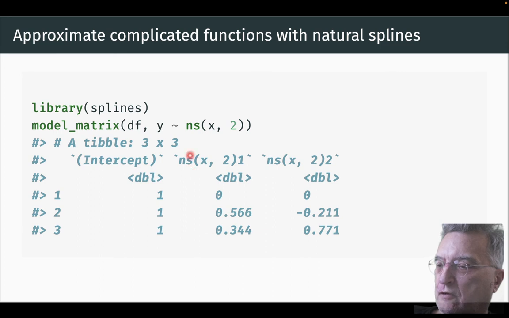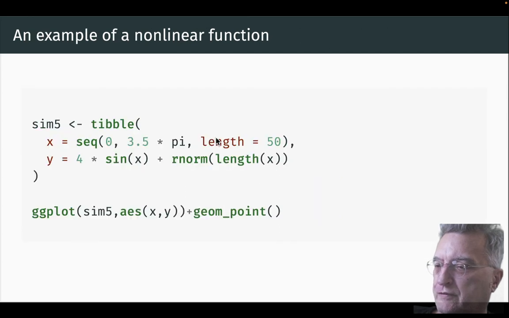We can also use another kind of function called a natural spline to approximate weird curves. So complicated functions, and I think I have an example of a nonlinear function here. So this function is a sine function. I'm using pi, so I'm using the typical sine curve that varies according to pi.